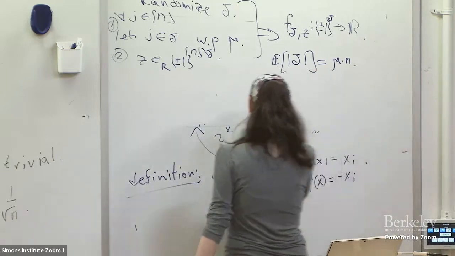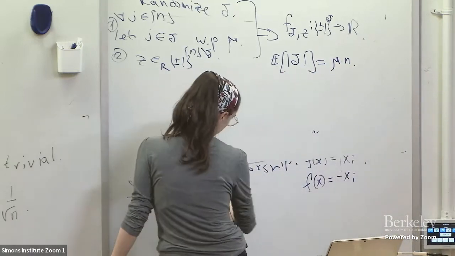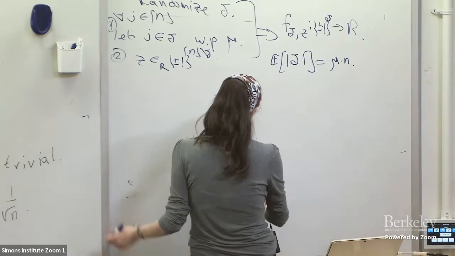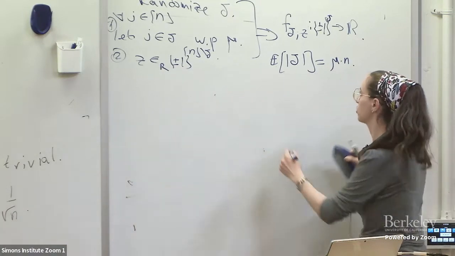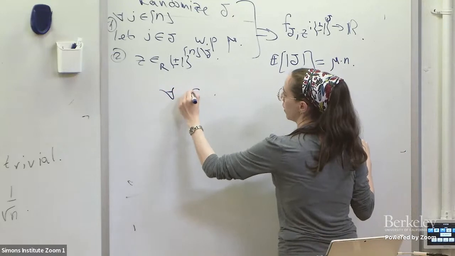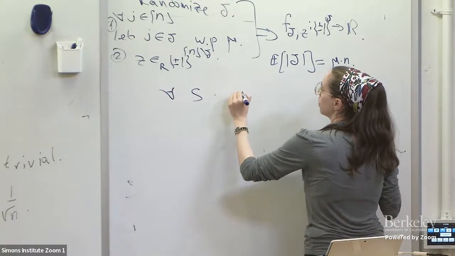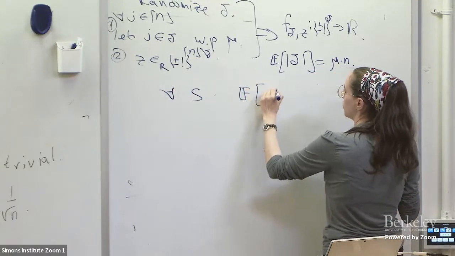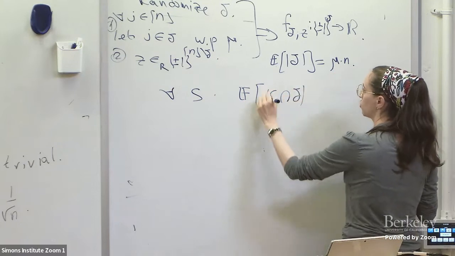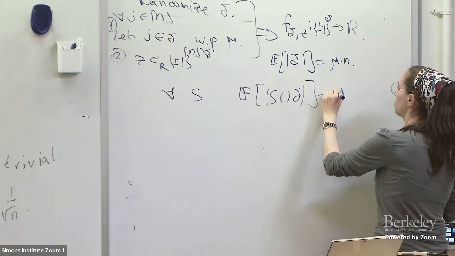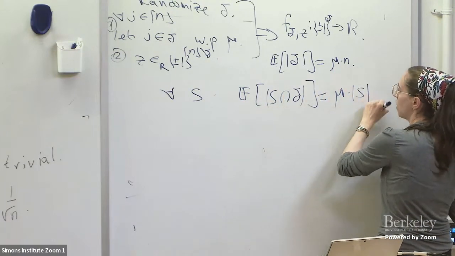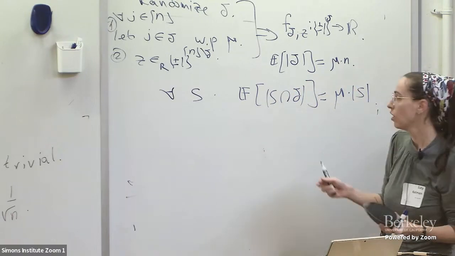For every character, we expect exactly the same fraction. So for every S, the expectation of the size of S intersection J is going to be mu times the size of S. And why is this interesting?